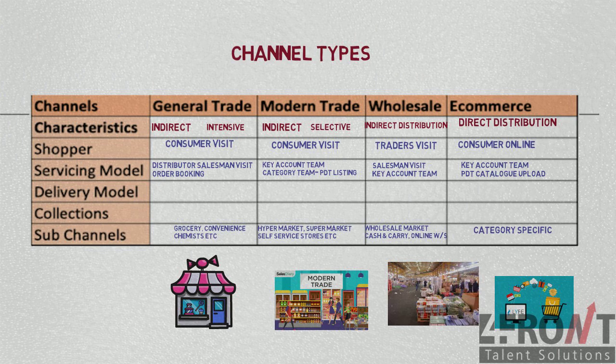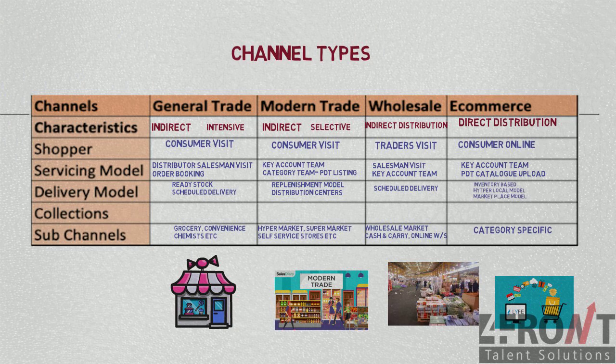The delivery model in general trade can be ready stock or it can be scheduled delivery on a different date. Modern trade operates on a replenishment model with distribution centers as hubs. Wholesale, again, depends on whether it falls under general trade or modern trade, and accordingly, the type of delivery model is there.